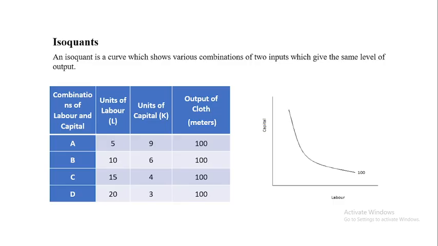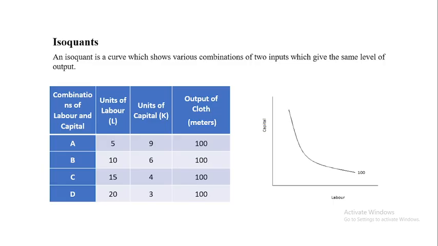An isoquant is a curve which shows different combinations of two inputs which give the same level of output. We can take different combinations of two inputs. Suppose these two inputs are labor and capital.